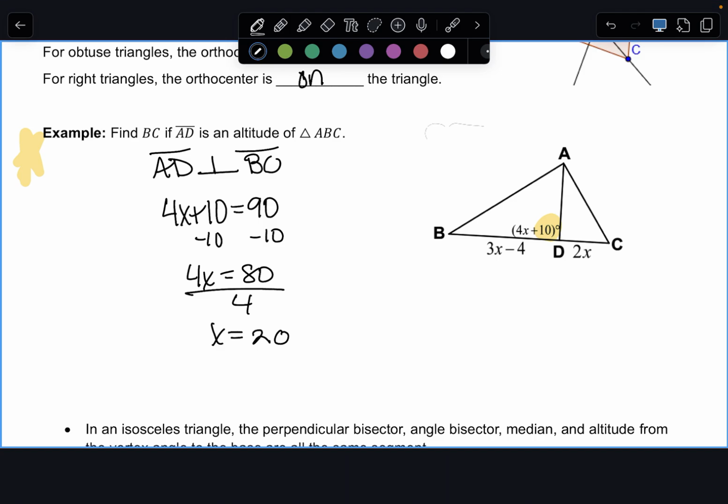So I'm going to take that x, that 20, and plug it into this entire segment BC, so into the 3x minus 4 and the 2x. So BC is equal to 3 times 20 minus 4, that's this piece, plus 2 times 20, 2 times x.